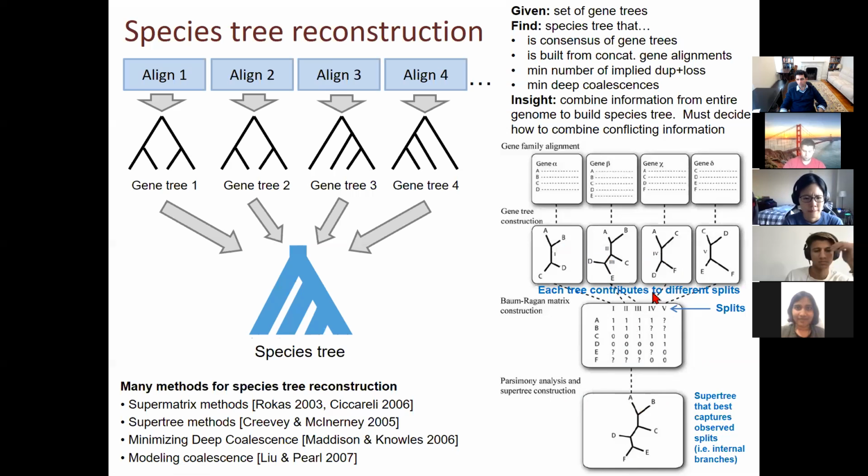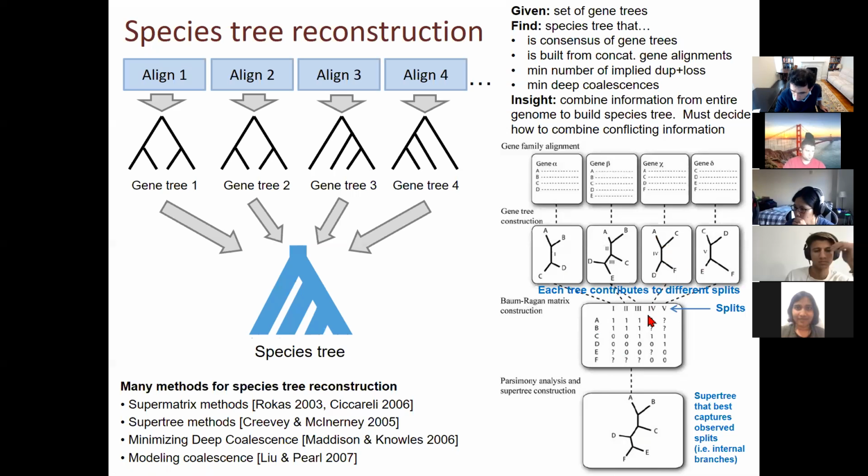So who's with me so far on the concept that every branch is a split between a subset of species, that we can represent all of this in this matrix called the Baum-Ragan matrix, and that we can use this matrix to infer a supertree that best captures all of these splits? Again, every bifurcation event can be represented, even if they're conflicting with each other.